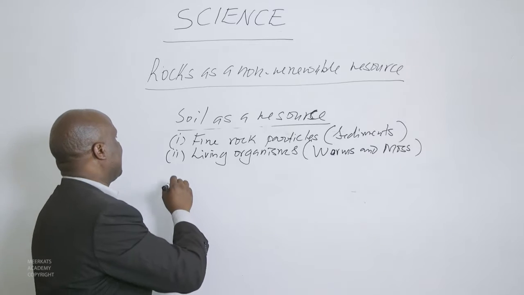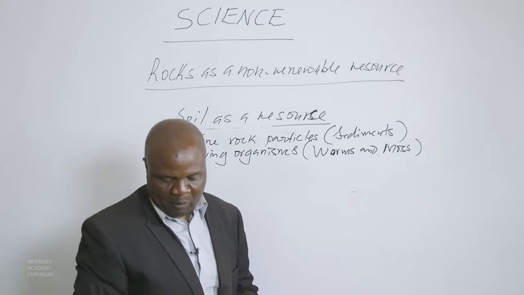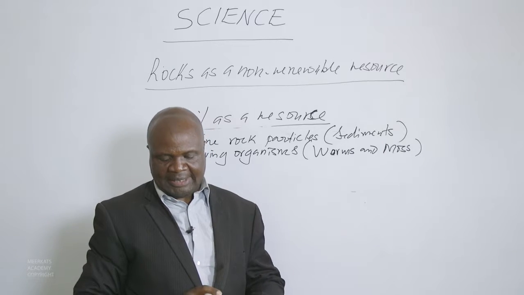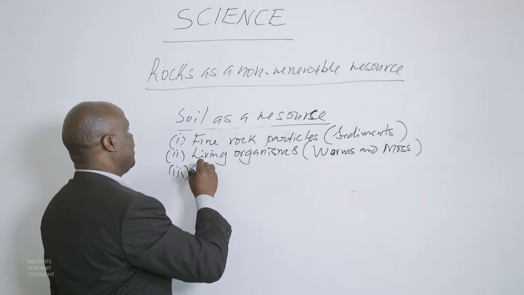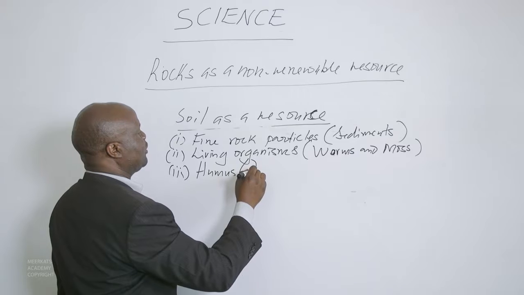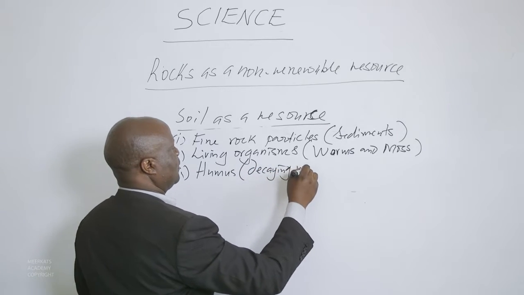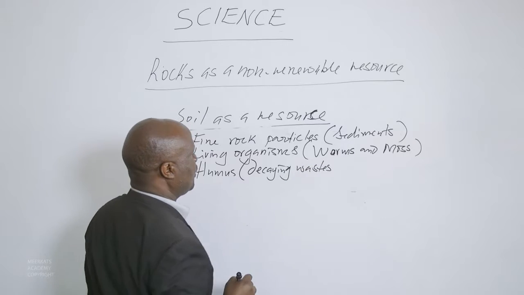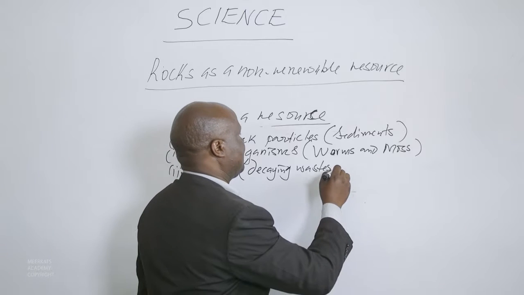When you talk of living organisms, we also say soil is made up of humus. Humus is decaying waste and dead organisms. It is another component of soil.